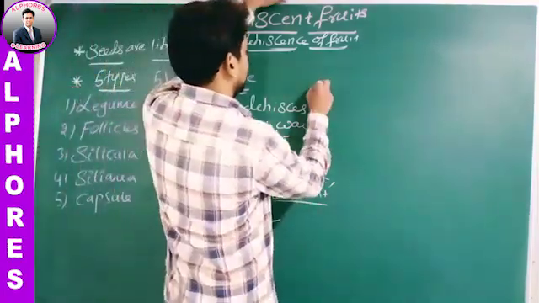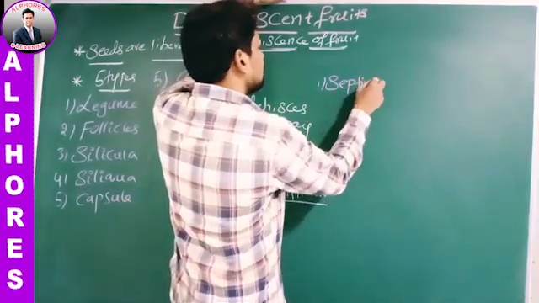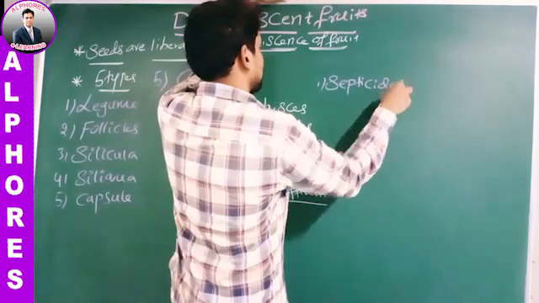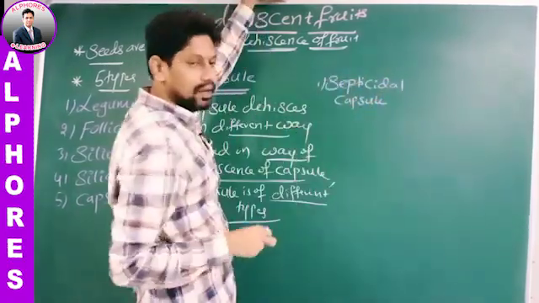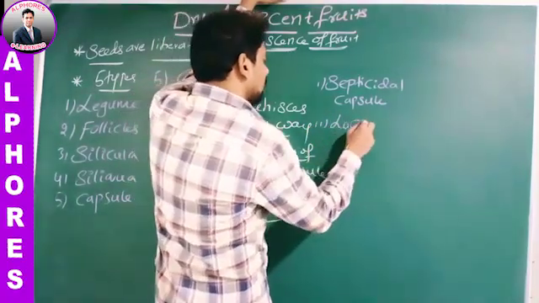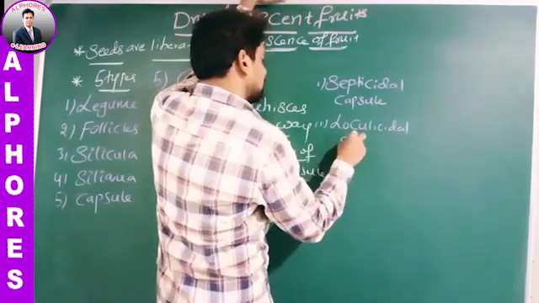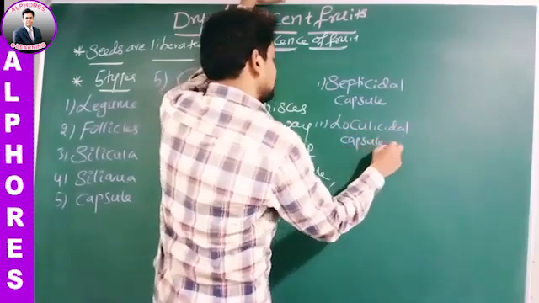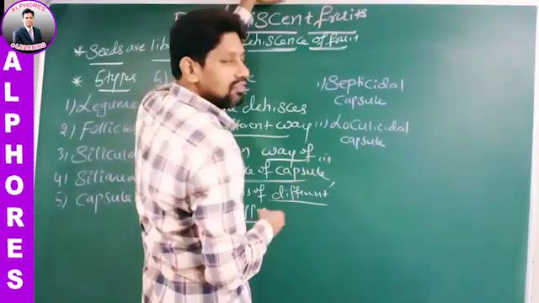Number one, septicidal capsule. What is the first one, sir? Septicidal capsule. Second one is a loculicidal capsule. Third one is a septifragal capsule.